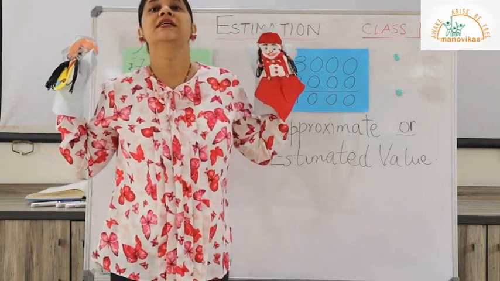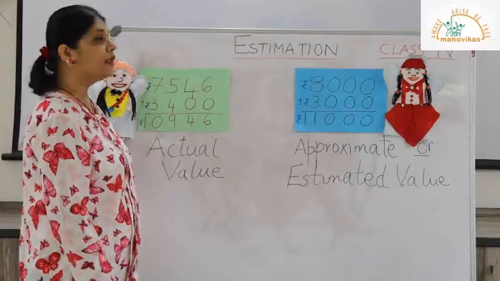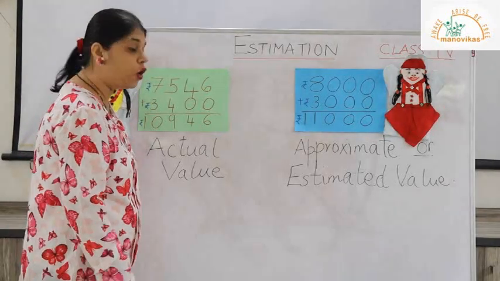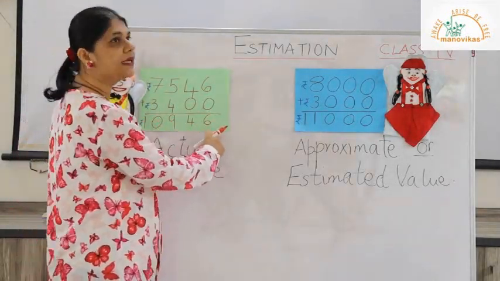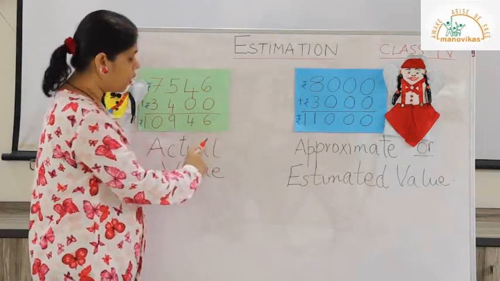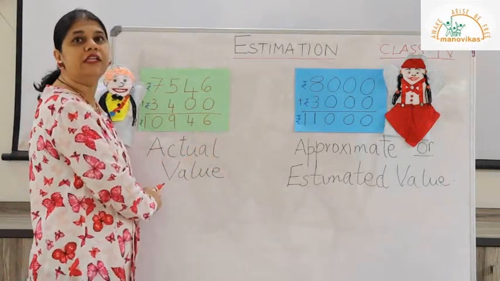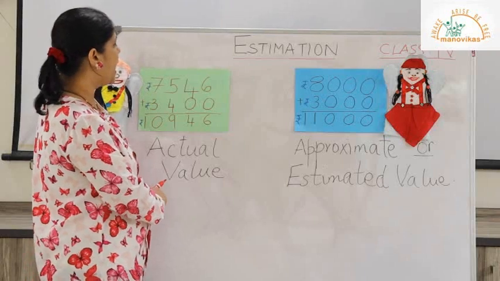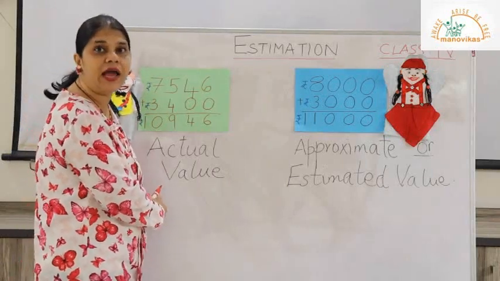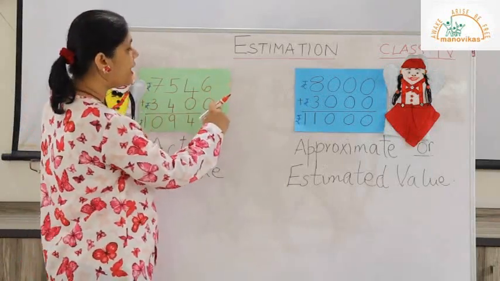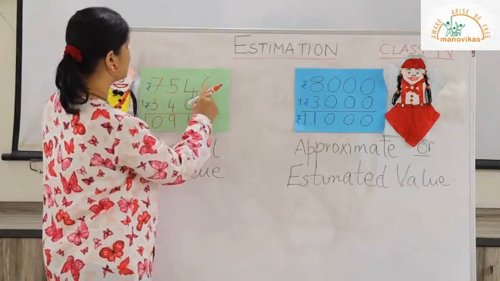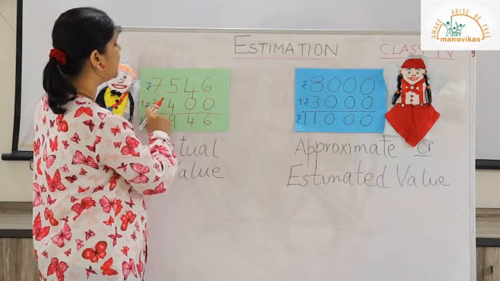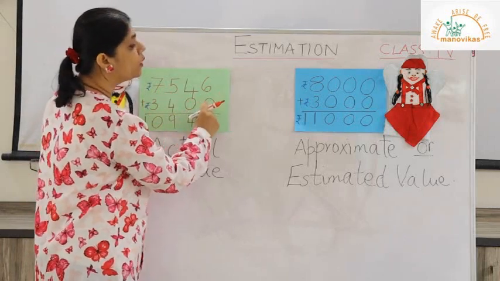The teacher smiled and said, the answer that you have got, that is rupees 10,946, is correct and that is called the actual value, which you have obtained by adding the exact price of the computer and the printer, that is rupees 7,546 plus rupees 3,400.